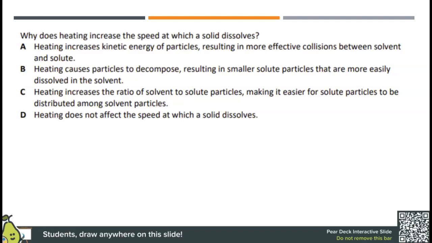Heating increases the ratio of solvent to solute particles. Do you add more things in there by heating things? I don't think so. Making it easier for solute particles to be distributed among the solvent? No, we're not adding things in there. Heating does not affect the speed at which a solid dissolves. No, it definitely does.